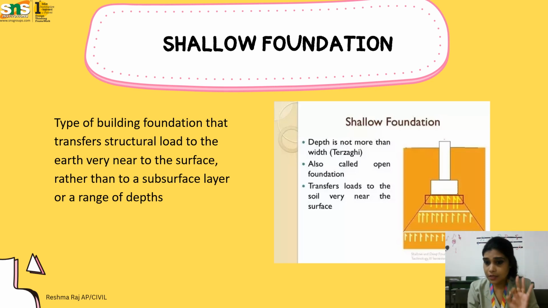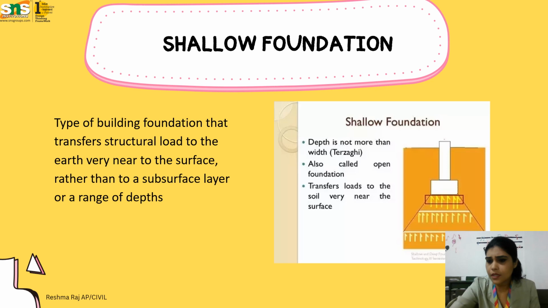If these are all good in a well-mannered place, then we will go with shallow foundation. The very important thing is the soil condition; depending upon the soil condition only, we select the type of foundation.